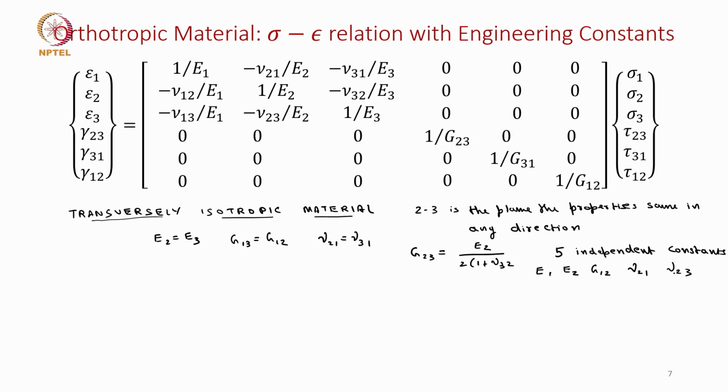These are the 5 independent constants which will be left if we are considering the transversely isotropic material. But we can further simplify and say that we are only looking at an isotropic material.